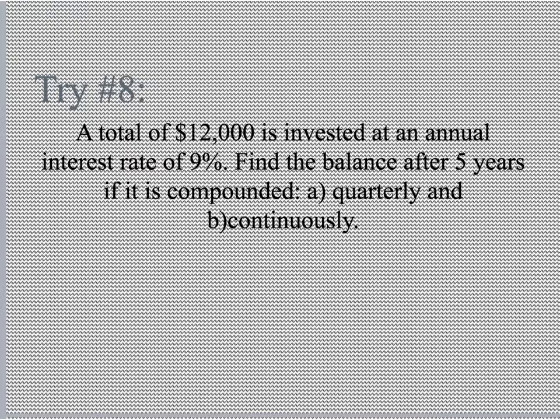All right, so for part A, we will have A equal to P times 1 plus R over N to the NT power. That P is 12,000 times 1 plus the R, which is the rate, is 0.09, because again, we knocked off our percent and moved the decimal 2 places to the left, over N, the amount of times it was compounded a year.